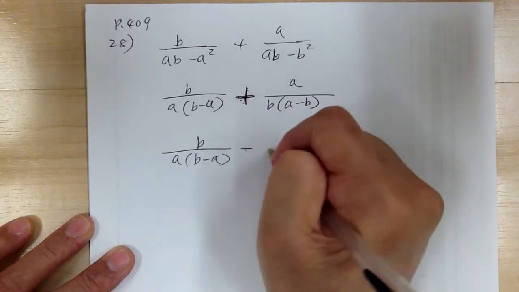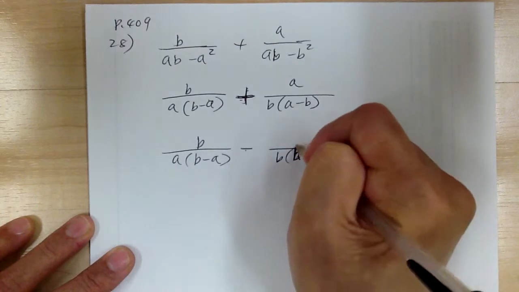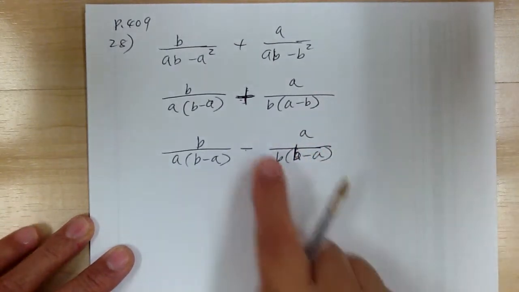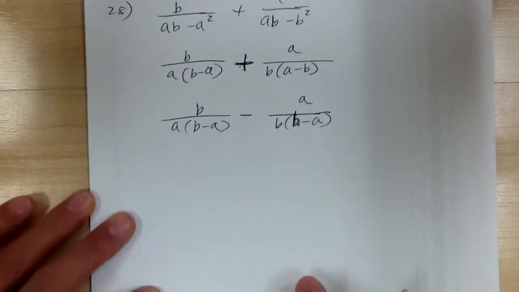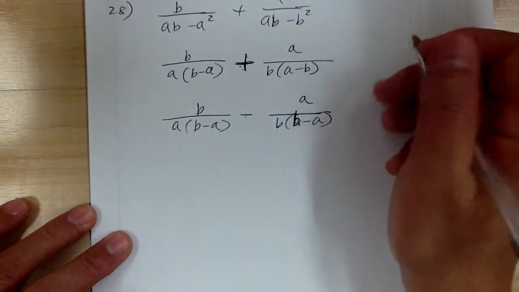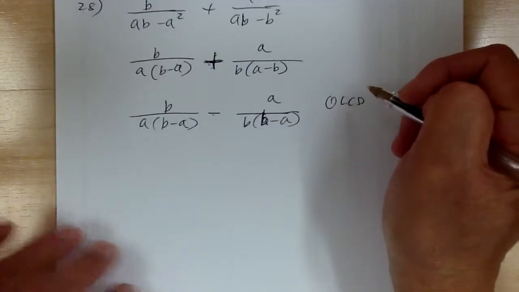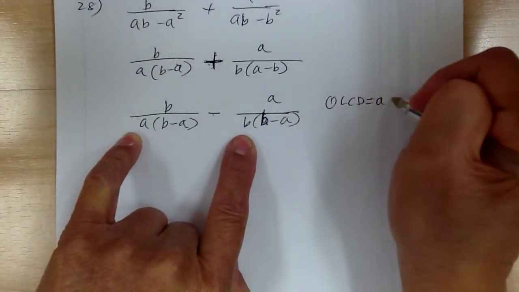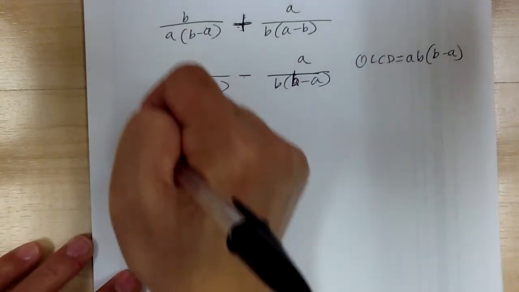So keep one and use the other one to switch the subtraction. Now they will be matching, so you can do the LCD stuff. The alphabet would be a and b, and the group would be b minus a. That's your step 1.